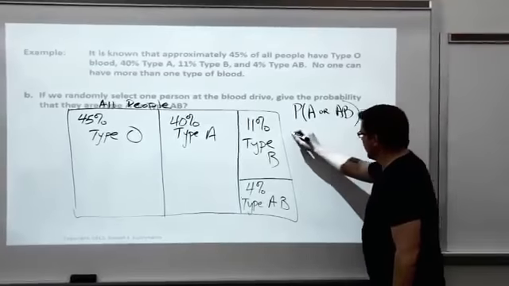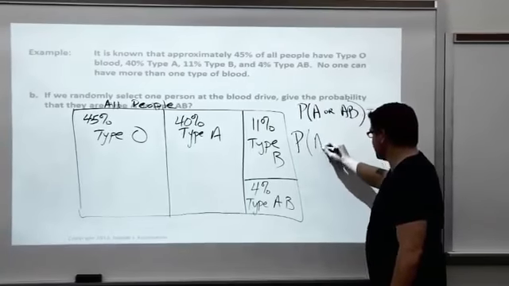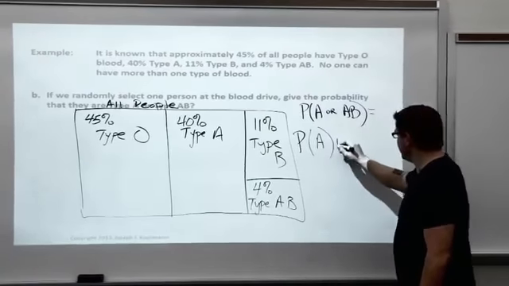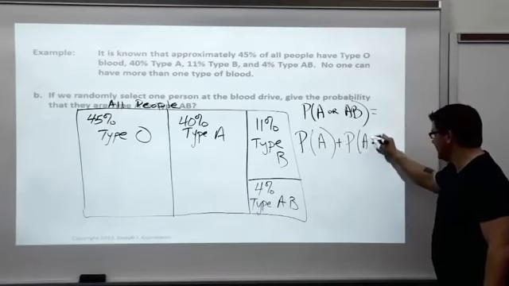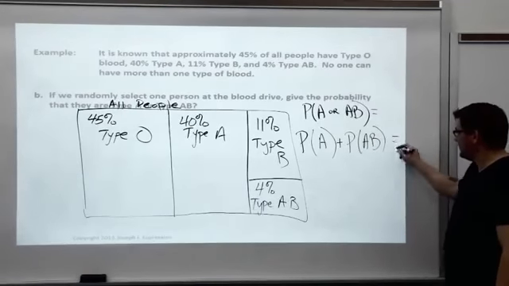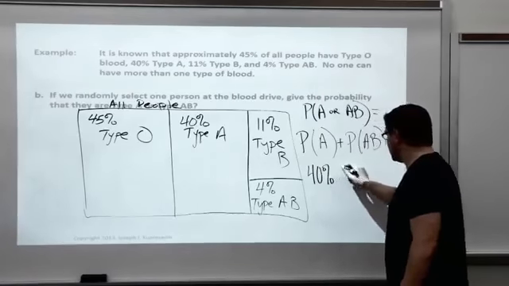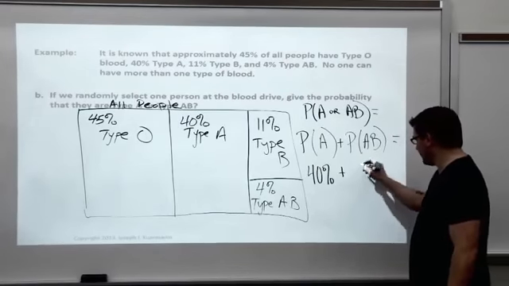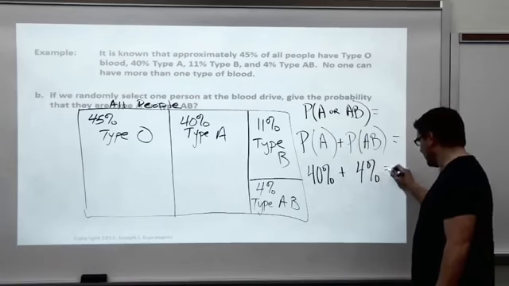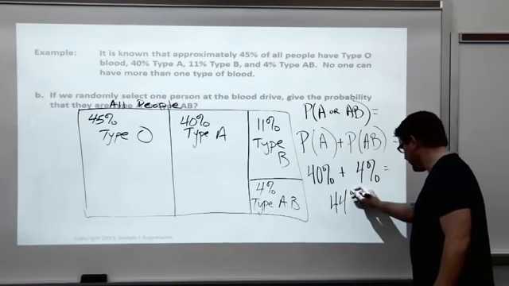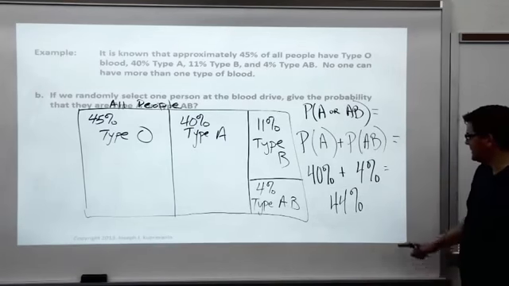Blood types are disjoint. I can use the addition rule for disjoint events. This is just probability of A plus probability of AB. Add them up, 40% plus AB is 4%. No calculators, 44% is the answer.